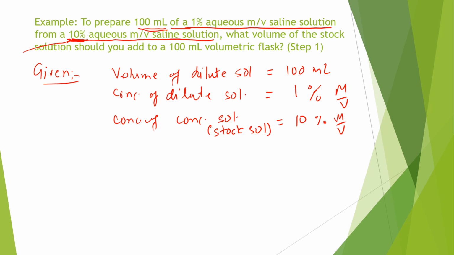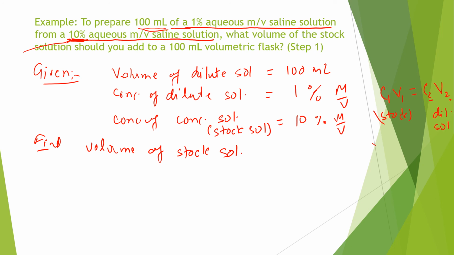What volume of stock solution should you add to a 100 ml volumetric flask? So what we want to find is the volume of stock solution. And remember, the formula is C1 times V1 equals C2 times V2, where the ones are the stock solution and the twos are the dilute solution.